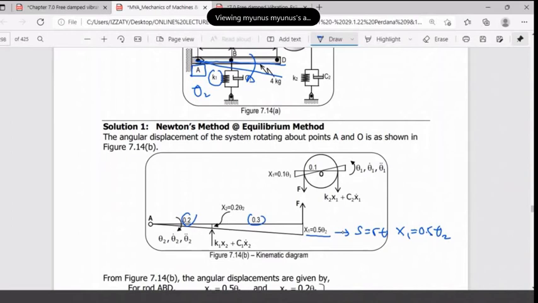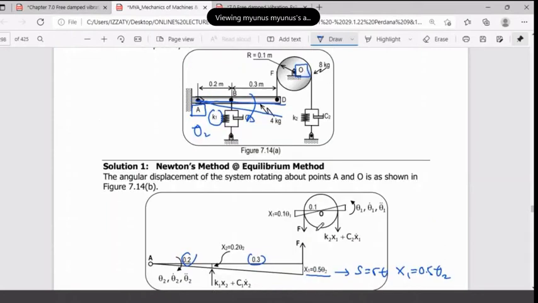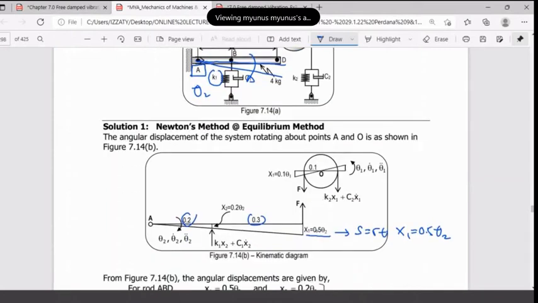So now you have one relationship. The other one here, because you know that the cord is inelastic. As the cord is inelastic, you know that the tension in the cord is always the same.